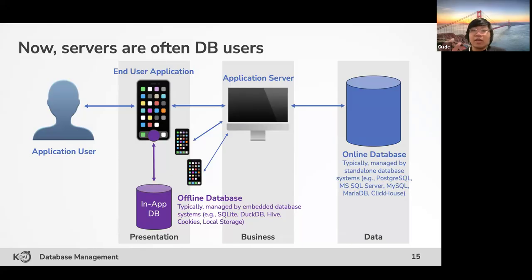And then these applications will interact with something that we call the application server. The application servers will interact with the online databases. So now you see that you have two databases, two sources of data. Why do we need to split into these two sources of data?